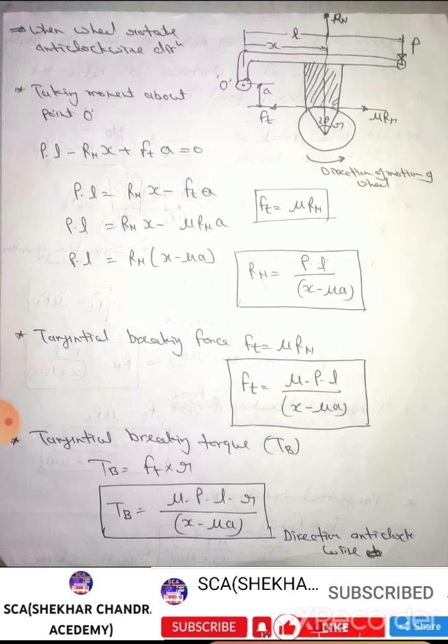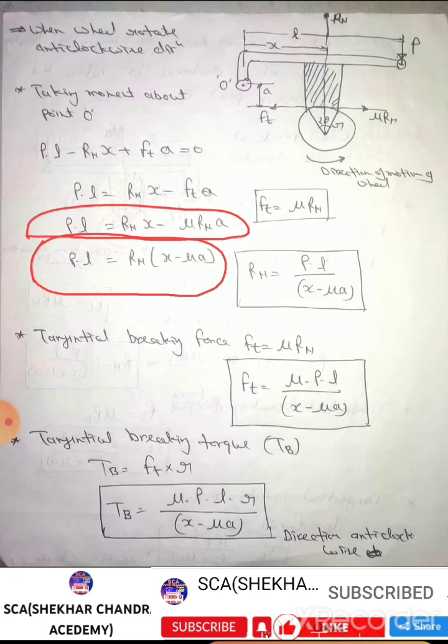Simplifying, P into L equal to Rn into X minus Ft into A. Putting the value of Ft, the simplified equation is PL equal to Rn into X minus mu Rn into A. Rn is taken common from the right hand side and the simplified equation is PL equal to Rn into X minus mu A. Please see here.